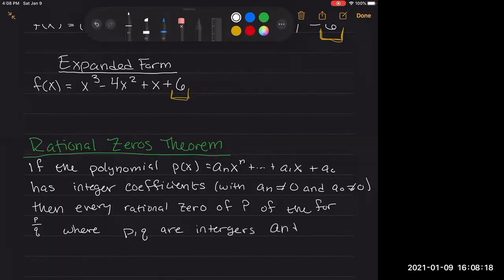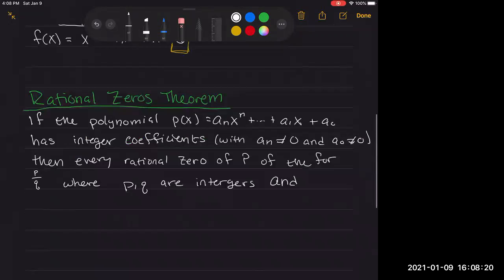And two key conditions as well. One, little p is a factor of a naught. We should all remember what factors are. They are the numbers that when multiplied together will give you p, also known as the divisors of p. So if p was 6, then 3, 2, and 1, and 6 as well, would be divisors of 6.